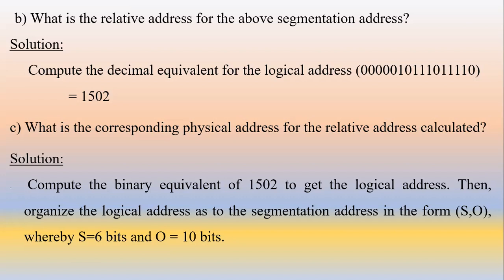Then we organize the logical address as the segmentation address in the form of (S, O), whereby S, in this case, will be 6 bits, and the offset will be 10 bits.